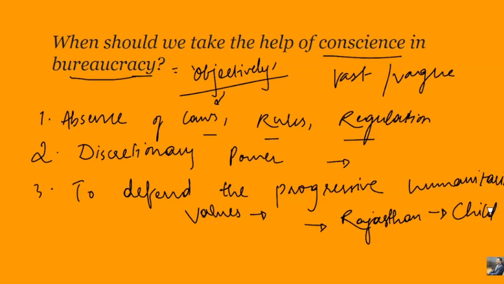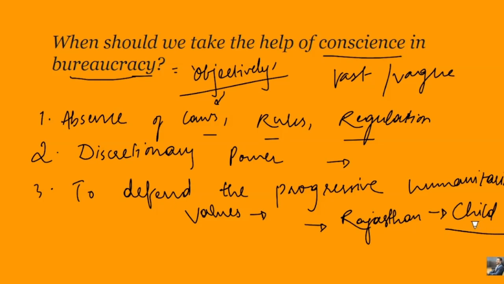There will be a community child marriage which shall be taking place at a later date, and someone in your office brought this particular issue to your notice, which is against the progressive humanitarian values. The values of child autonomy, the values of child development, and so on shall be violated.